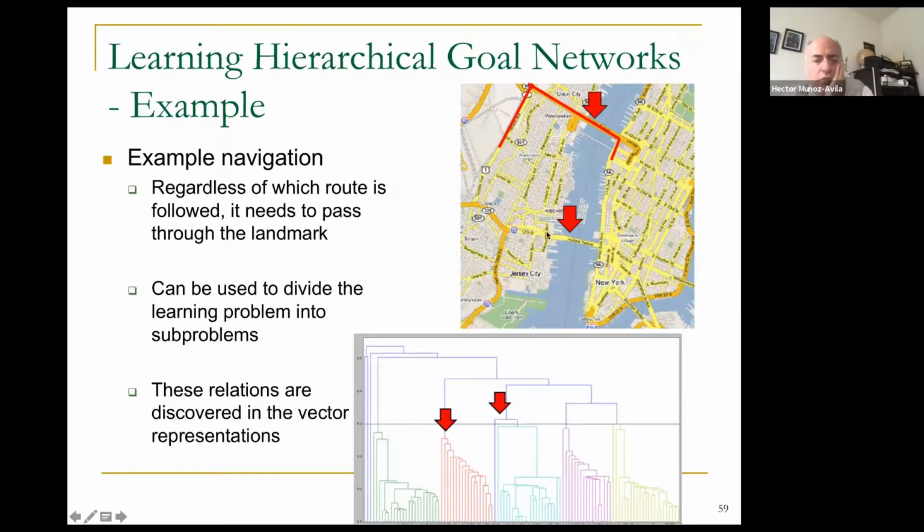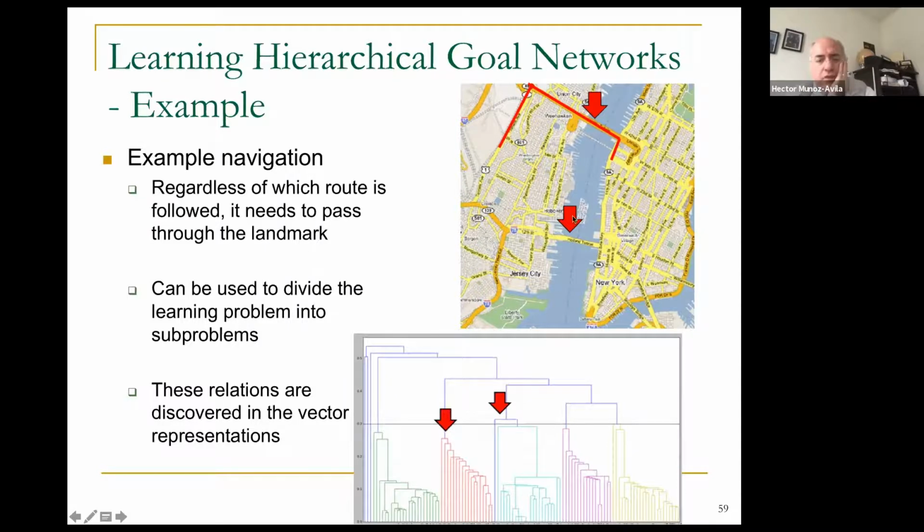The Holland Tunnel will belong to either one. And then we compute which atom in one cluster is the closest to all of the atoms in the other cluster, and vice versa. And it will find the Lincoln Tunnel in this example.